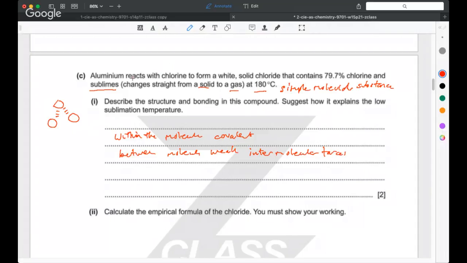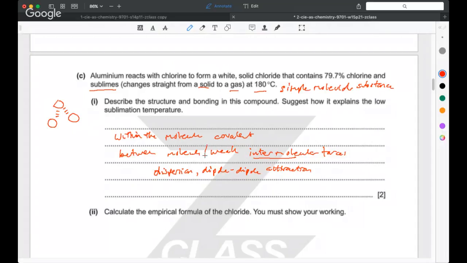Now, of course, when you've got aluminium and chlorine as the only elements in this covalently bonded molecule, there's no hydrogen bonding possible. So the intermolecular forces are going to be either dispersion forces, sometimes called London forces, or dipole-dipole attraction. Two types of intermolecular forces.